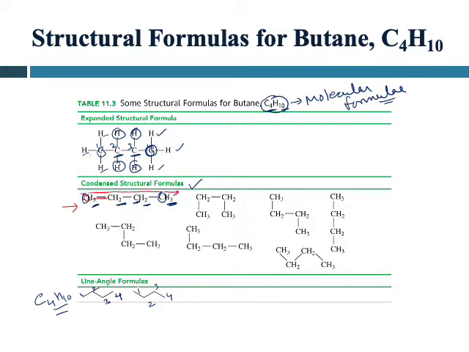The bond is continuous. You can make the same condensed structural formula something like this. This is also right. Why? Because you have a continuous line without breaking it. Same thing over here. As long as your line is not breaking and you are covering all the carbons present in the compound, that means those are the same compound, right? So that's why you have different condensed structural formulas in here.